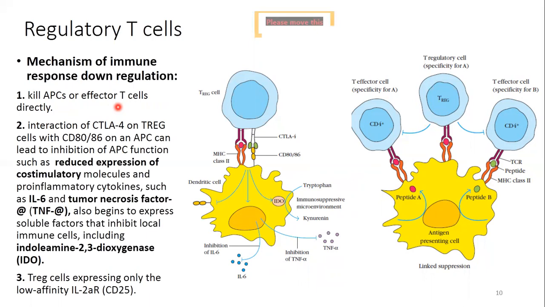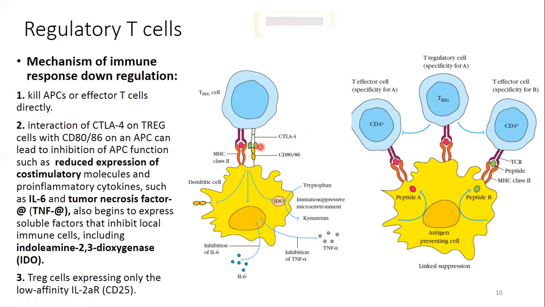Secondly, they can upregulate another protein which is called CTLA4, instead of CD28, which exists on activated T cells. CTLA4 is an immunomodulatory protein.